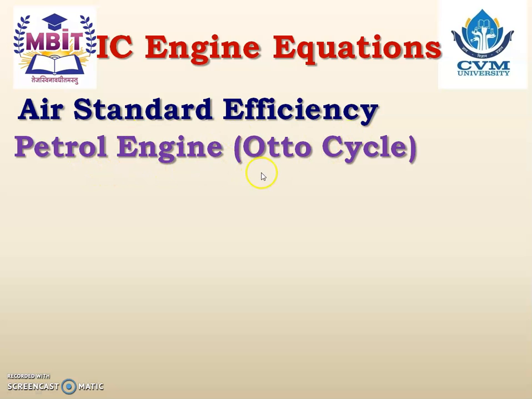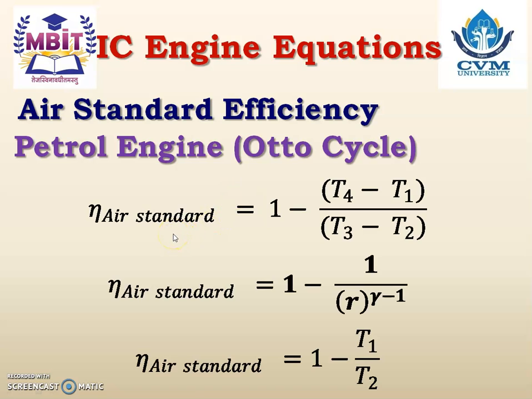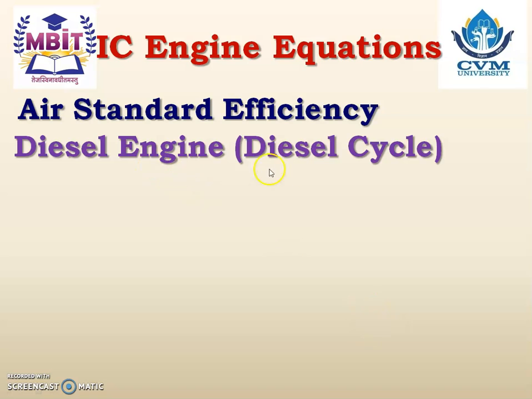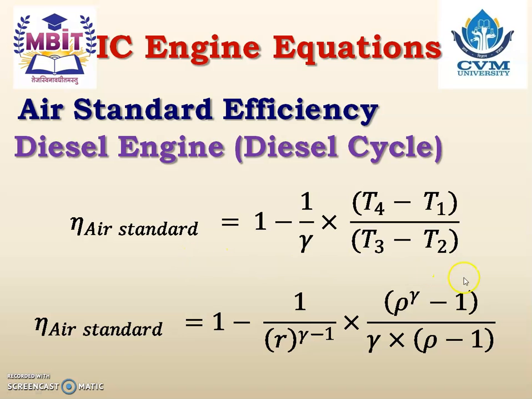If the petrol engine, that is Otto cycle, is given, air standard efficiency can be given by the equation 1 minus (T4 minus T1) divided by (T3 minus T2). Or it can be given as 1 minus 1 upon r raised to gamma minus 1. Or it can be calculated using the equation 1 minus T1 by T2. If diesel engine is given, then air standard efficiency can be calculated using the equation for the diesel cycle that we have already studied in the chapter heat engine.